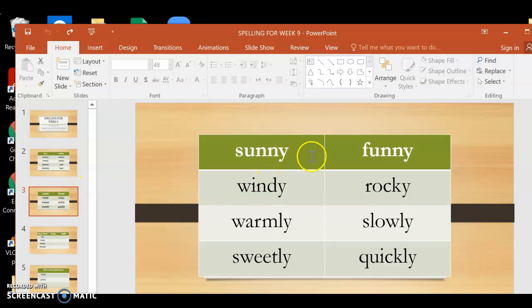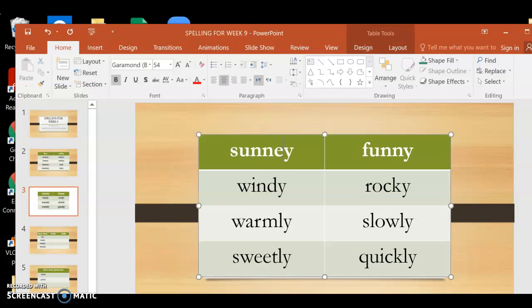Now I've got some words that have Y on the end, and the Y also makes the sound of E, but we can't see the E. The E should really be there, but that doesn't look right, does it? That's why I say use your eyes. That does not look right, so we'll take away that E. Sunny, windy.